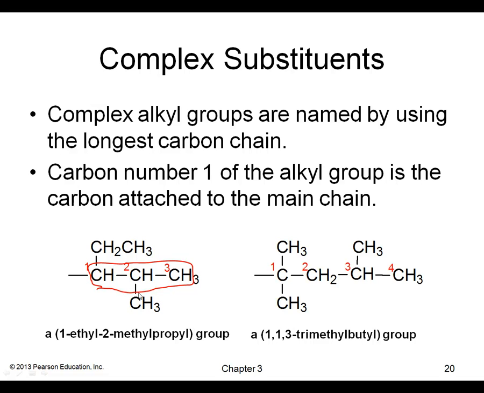Okay, and then I have a methyl and an ethyl here. The ethyl is on carbon 1 and the methyl is on carbon 2, so I'd have a 1-ethyl-2-methylpropyl group.